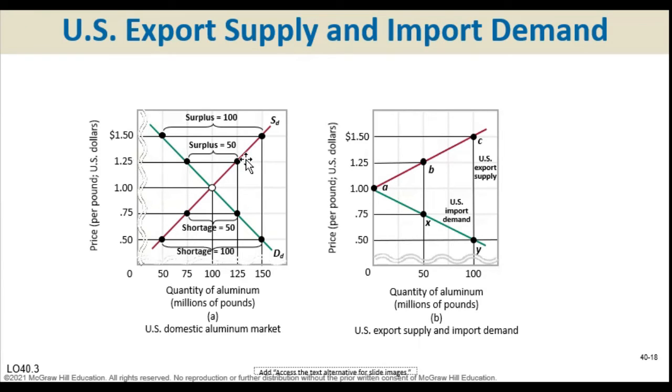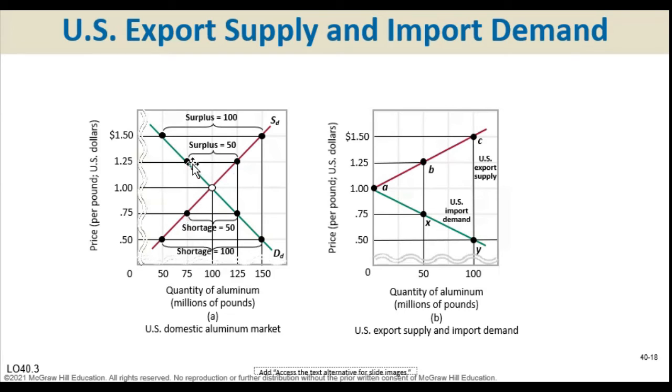So if you project it to the supply curve, back to the quantity of aluminum supplied, you will see that at the price level of 1.25, the domestic producer will produce 125 million pounds of aluminum, which will create a surplus because the domestic demand is 75. So the gap between 125 and 75, which is 50, represents the surplus.